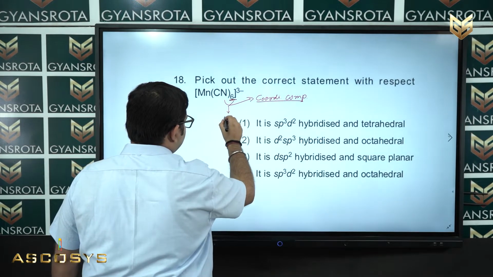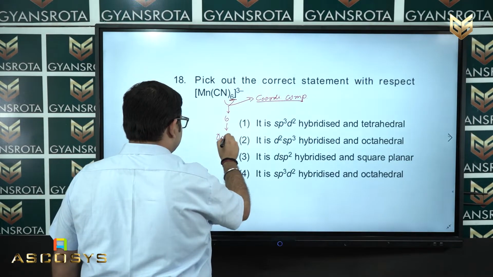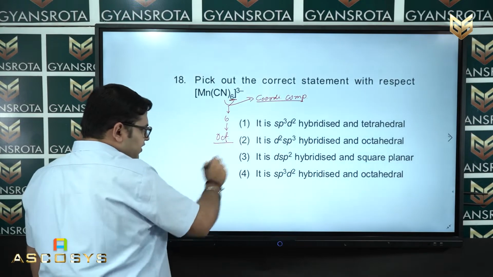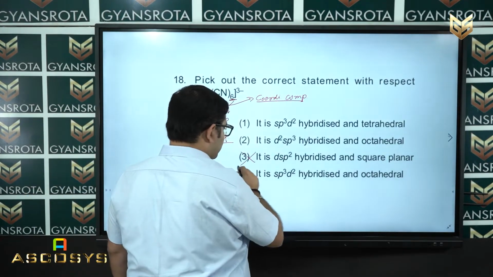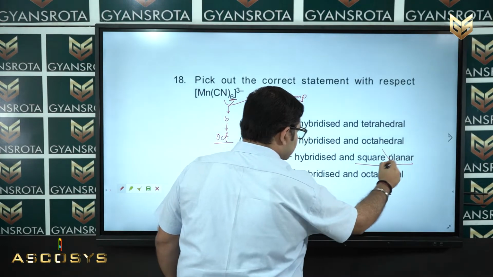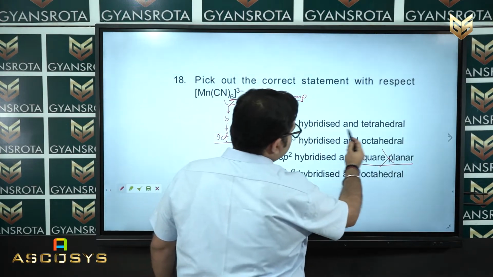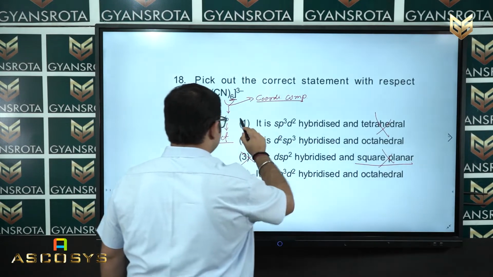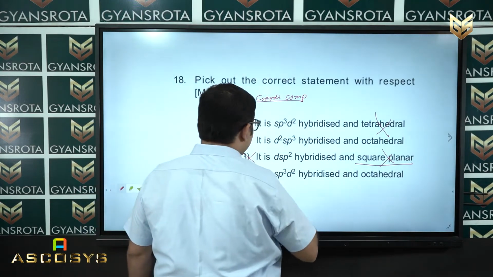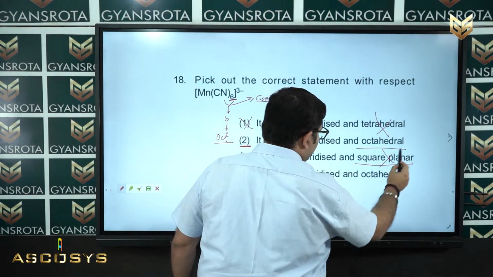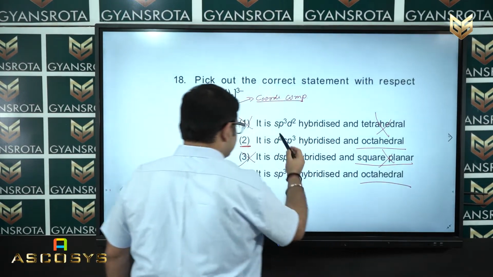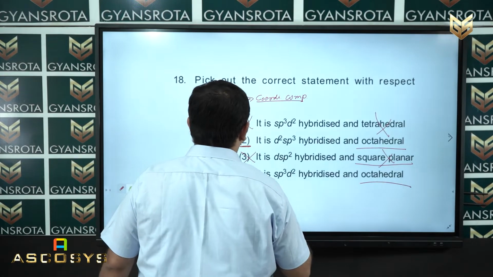This is 6. 6 means octahedral. Now if you see the options, square planar is not possible. The first option, tetrahedral, is also not possible. So you have to see only two options, option number 2 and option number 4. One gives octahedral, and another we have to find out the hybridization.